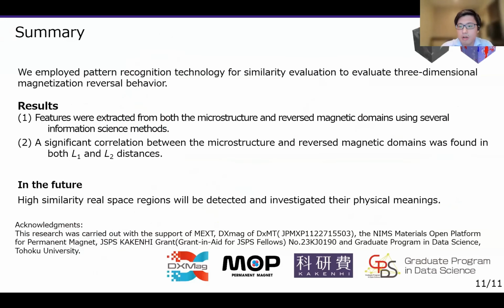So this is a summary of my research using similarity. Using similarity, we match the microstructure and magnetic domain structure, making evaluation possible. Next step is to investigate how the physical meaning is hidden. Thank you so much.